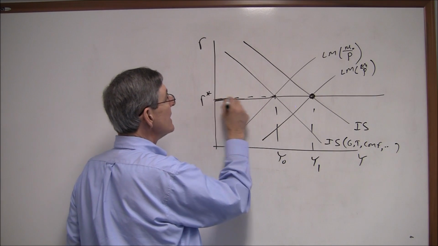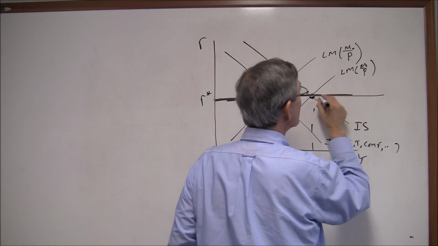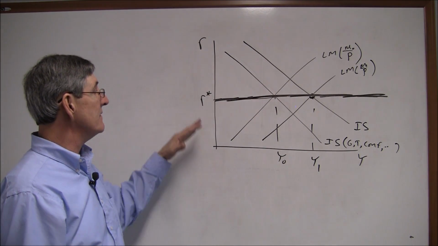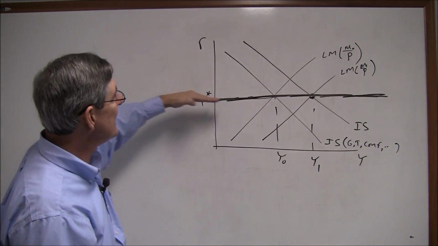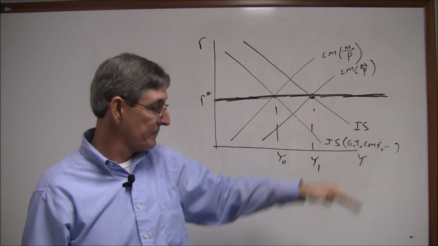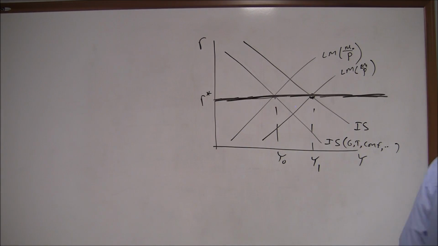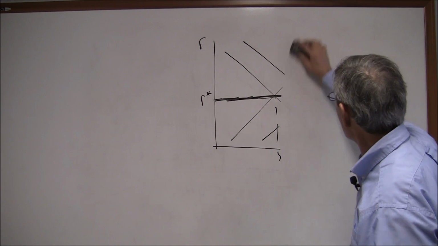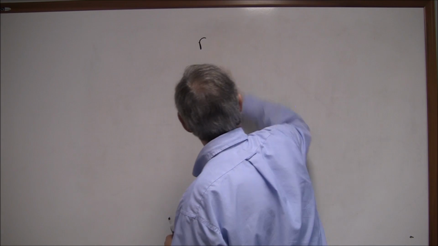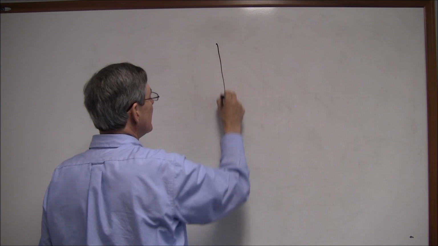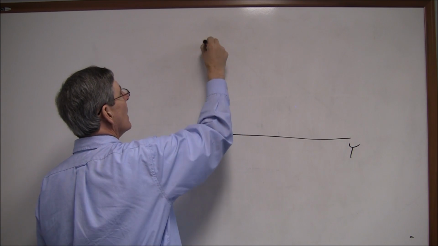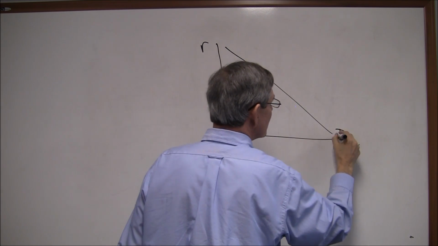So you're always going to end up along this horizontal line. No matter what happens, the Fed will adjust M to keep R at R star. So what the book does is it just dispenses with the traditional LM curve altogether, and it writes the IS-LM curve as here's Y and R, here's the IS curve.